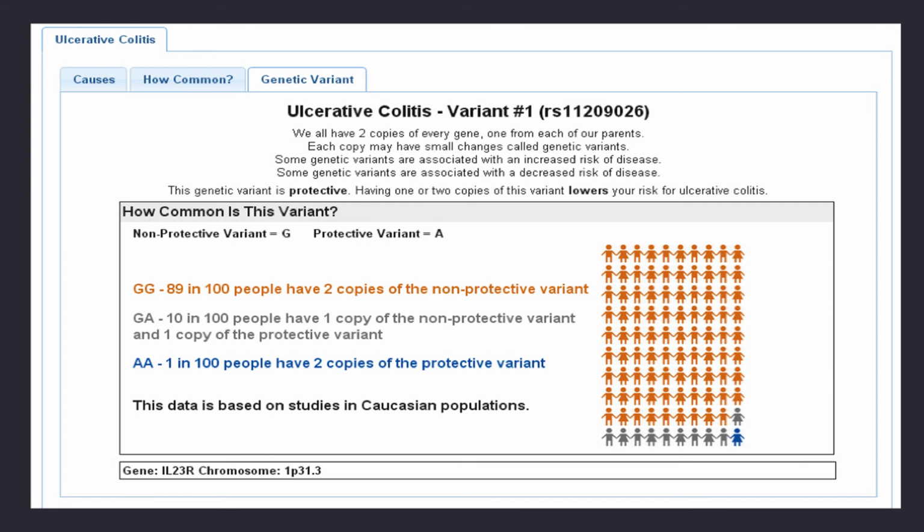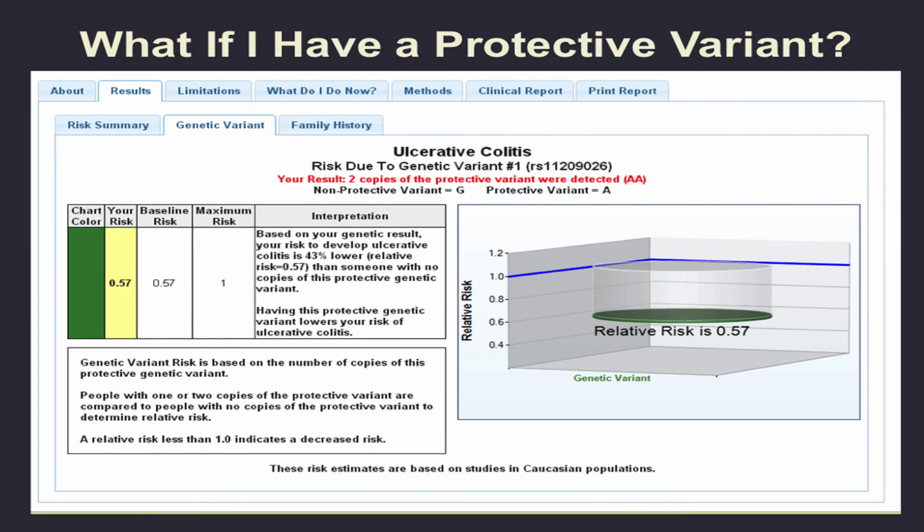Individuals who do not have this protective variant will have a non-protective variant instead. Having a non-protective variant does not increase your risk for ulcerative colitis, but it does not offer the same protection against the disease as seen in individuals who have the protective variant. Your ulcerative colitis results tell you about the impact of a protective variant on your risk to develop ulcerative colitis.